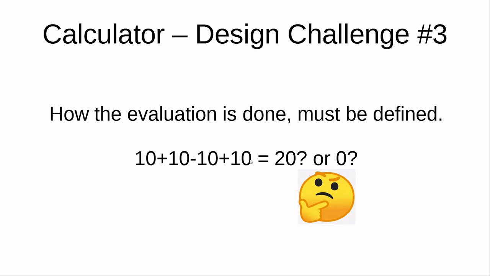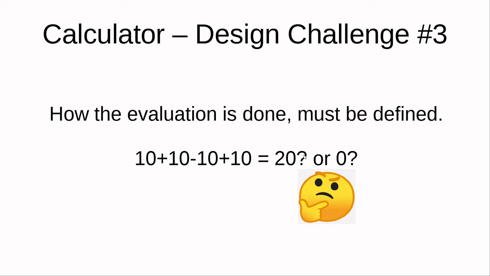In the event that we actually have an expression that is constructed of valid characters, it is actually computable and it can be evaluated to yield a result, we still have the issue of how is the expression evaluated.